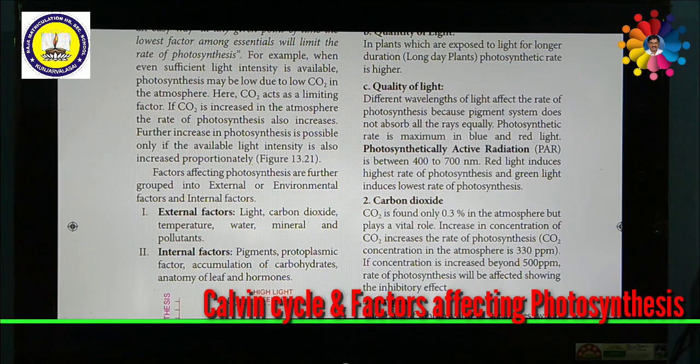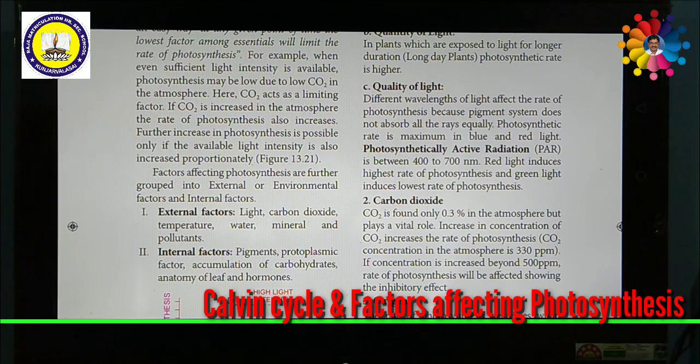Hydrated protoplasm is essential for photosynthesis. It also includes the enzymes responsible for photosynthesis. Then accumulation of carbohydrate inside the cell. Photosynthetic end products like carbohydrates accumulate inside the cell, and if the translocation of carbohydrate is slow, this will affect the rate of photosynthesis.